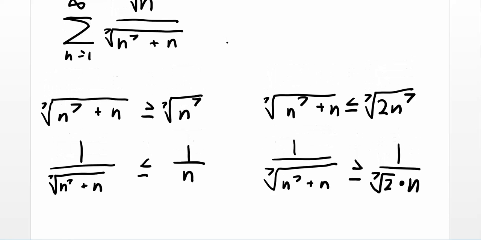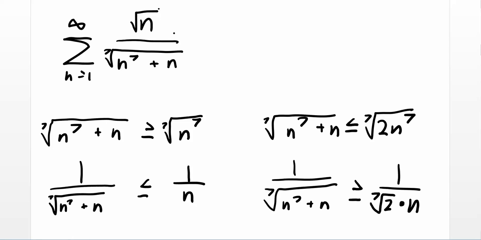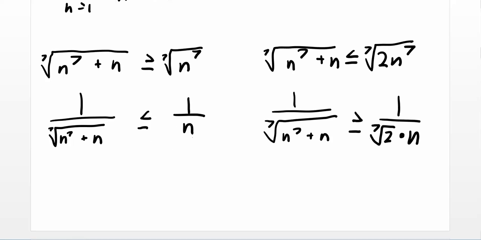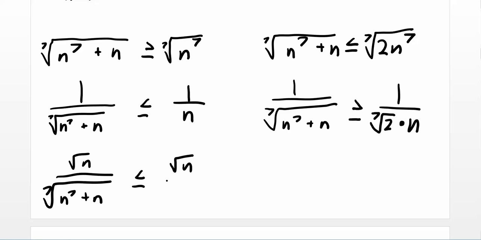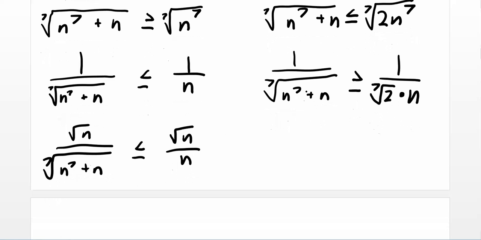I still don't have quite what I'm looking for because I have a root n on top, so I'll fix these inequalities and multiply both sides by root n. Root n over 7th root of n to the 7th plus n is less than or equal to root n over n. And then same thing over here.